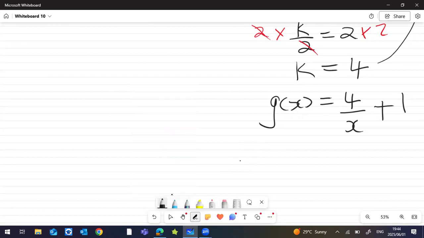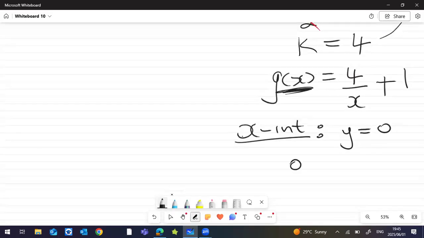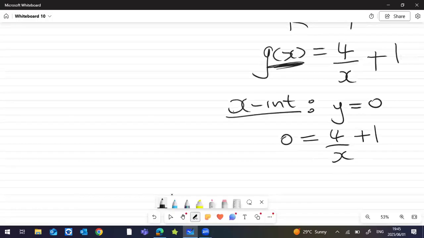So we will then say our x-intercept, your y should be 0, which is that g of x. Replace it with 0. 0 equals 4 over x plus 1. Therefore, if I transpose this term to this side, -4 over x equals 1.